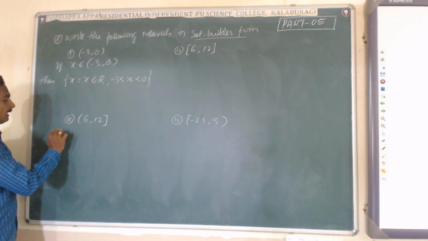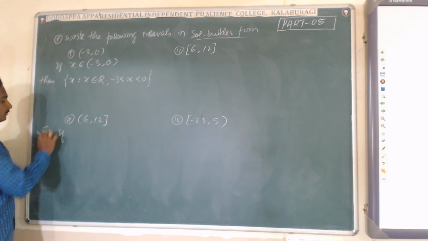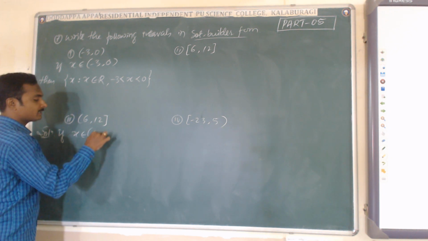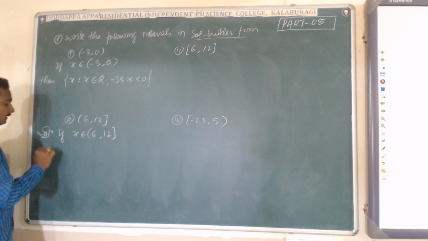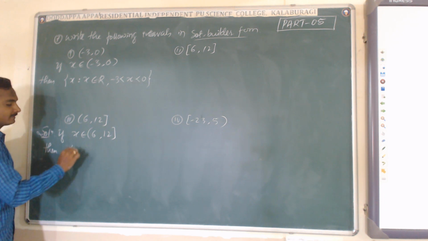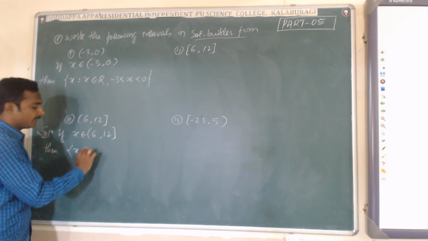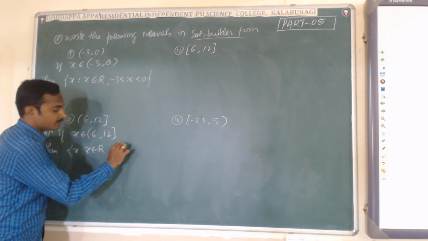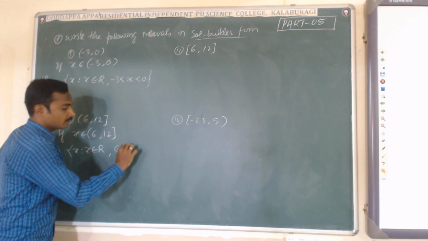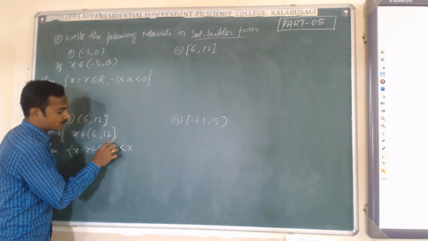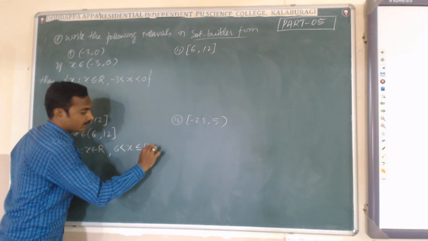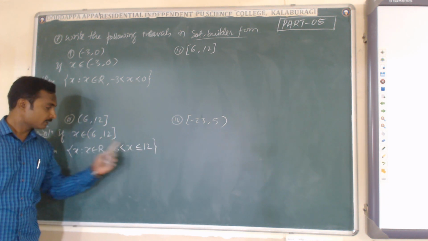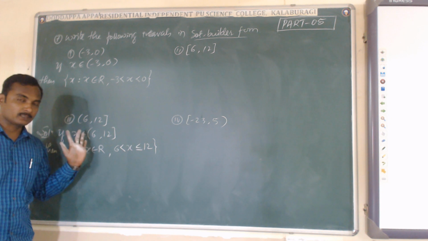Second one, if x belongs to the open interval 6 comma closed interval 12, then there exists a set of all x such that x is a real number, and as the open interval 6 has a strict inequality and this is a closed interval, it is a slack inequality. You can see closed interval leads to slack inequality, open interval leads to strict inequality.